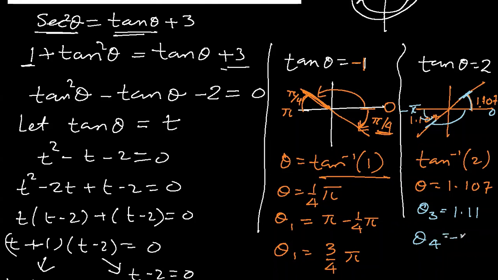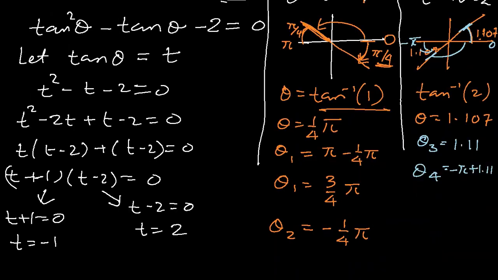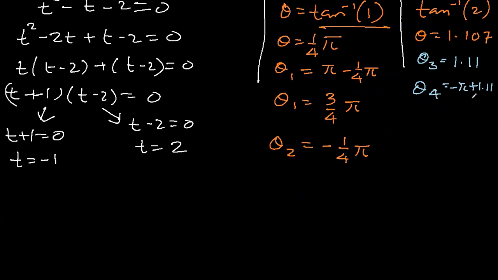So we write minus pi plus 1.11. Minus pi is minus 3.14, so it will be minus 2.03. This is the fourth answer. So where are the answers? Yeah, 1, 2, and 3, 4.